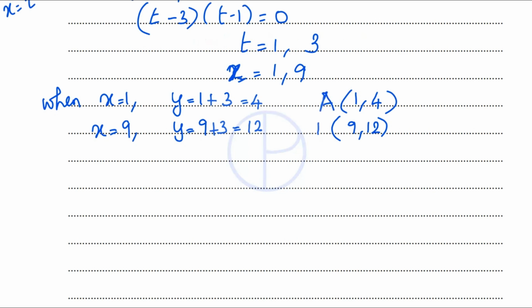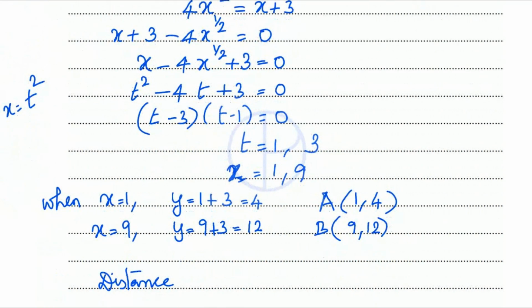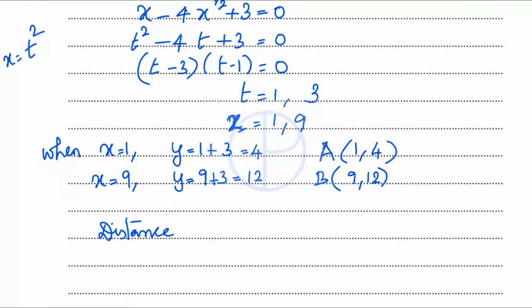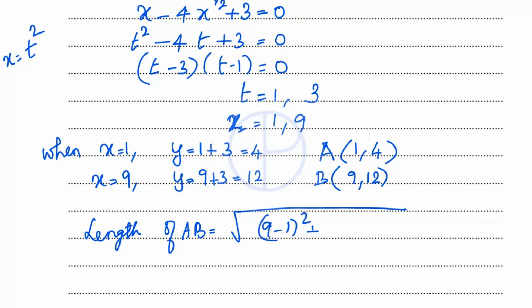Suppose we take this as A and this as B. The length of AB is the square root of (x2 minus x1) the whole square plus (y2 minus y1) the whole square. 9 minus 1 is 8, the whole square is 64, plus 12 minus 4 is also 8, 8 square is 64.